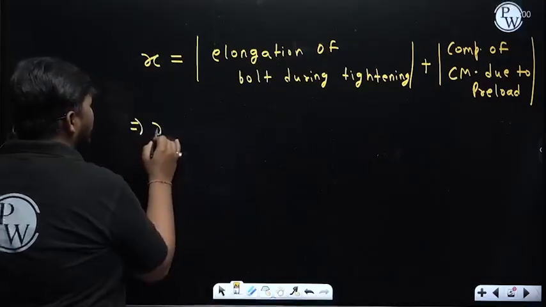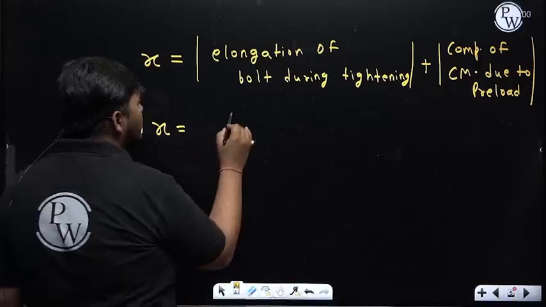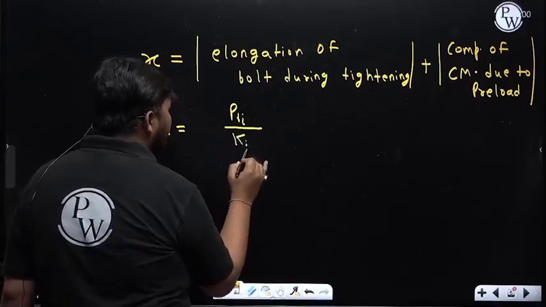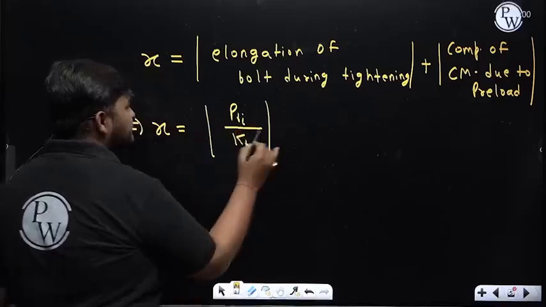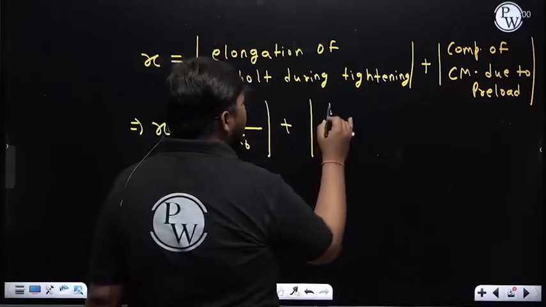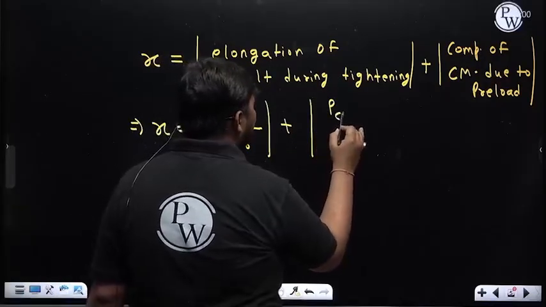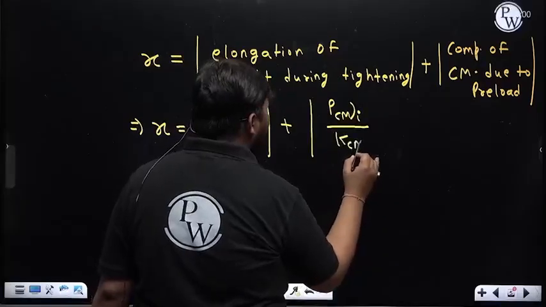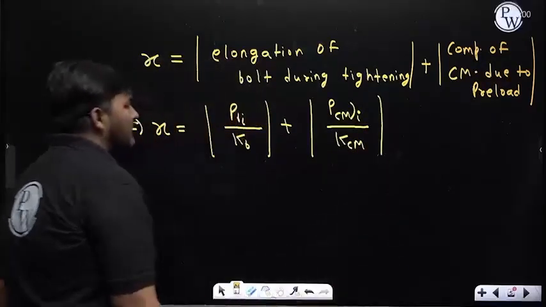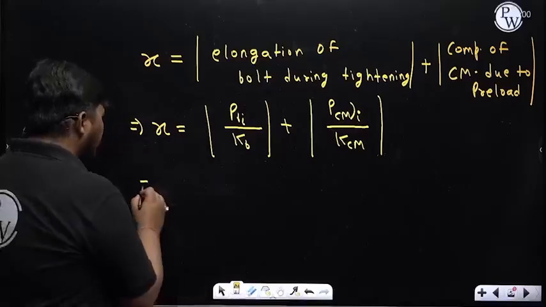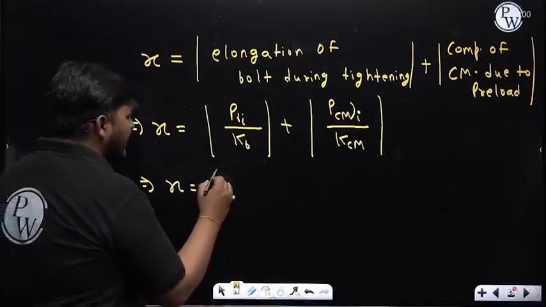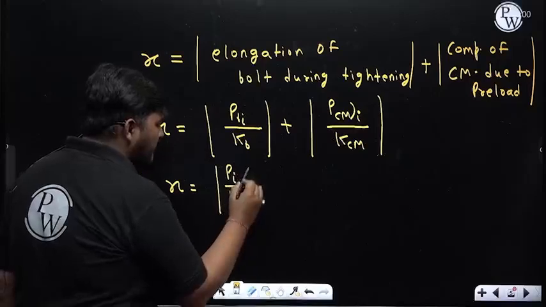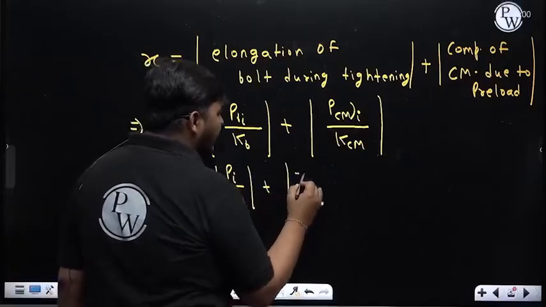Now it will be equal to x. Elongation of bolt due to tightening will be PI divided by the stiffness of the bolt, which is KB, plus the deflection of the connecting member due to preload, which will be PI upon the connecting member stiffness, that is KCM. Now x is equal to plus PI upon KB plus minus PI upon KCM.